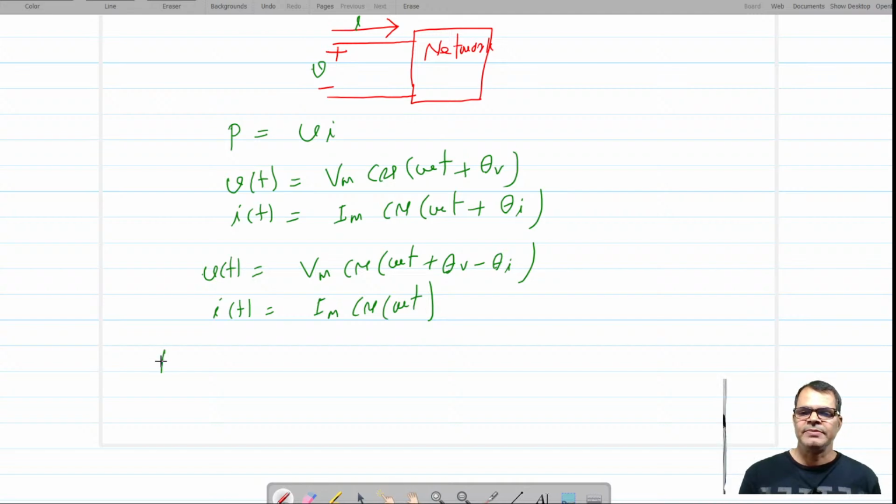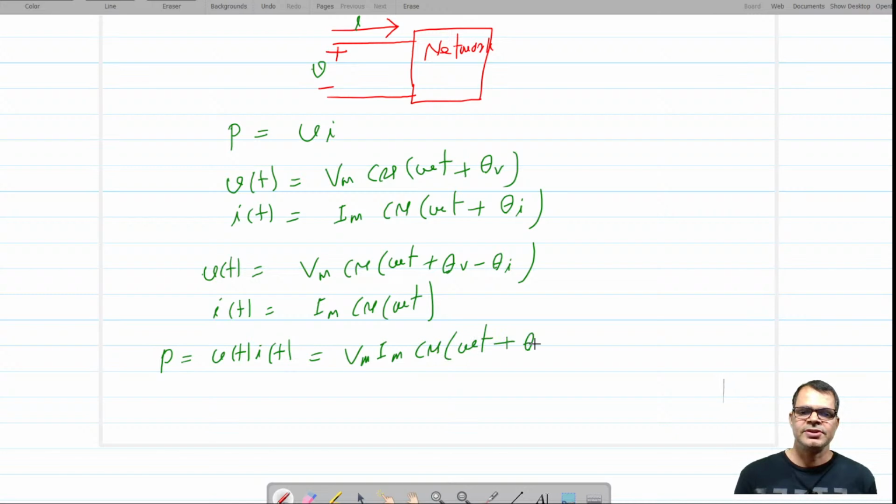Now we can calculate the instantaneous power p, which is V(t) and I(t), which is Vm Im cos(omega t plus theta V minus theta I) into cos(omega t).